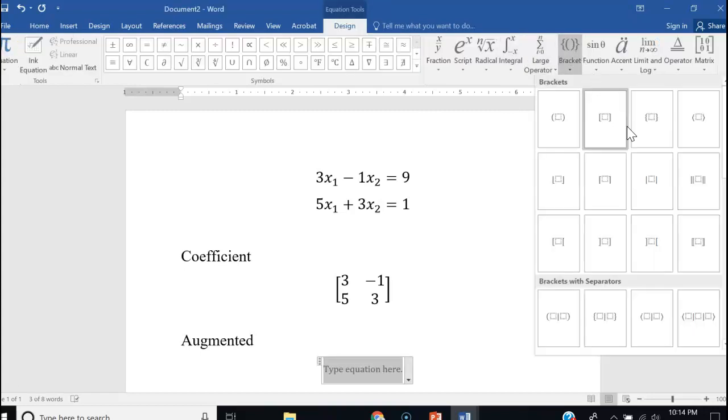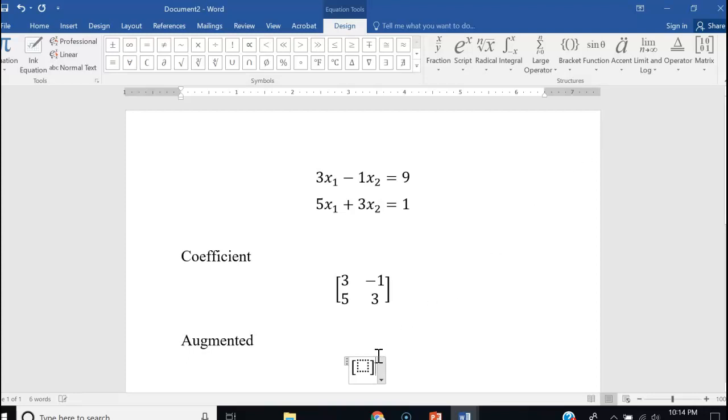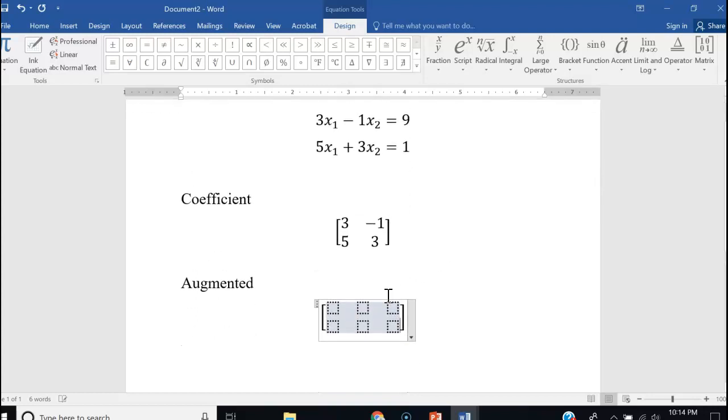By the way, I'm just typing this in Word, making it hopefully as easy as possible to see. The augmented matrix is going to be a 2 by 3 matrix, 2 rows, 3 columns, and we're just going to write 3, -1, 9, and then 5, 3, 1.